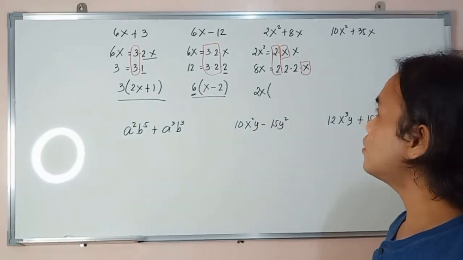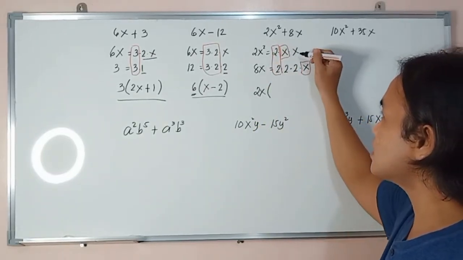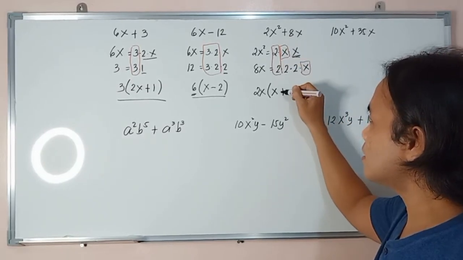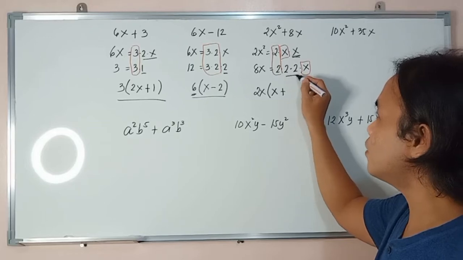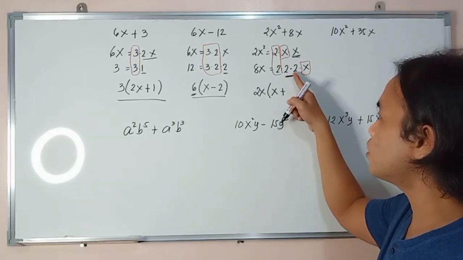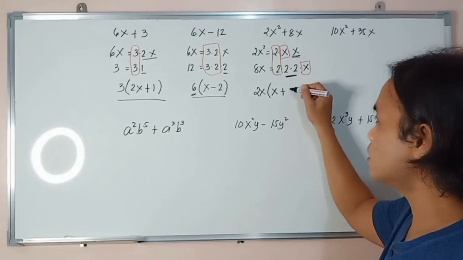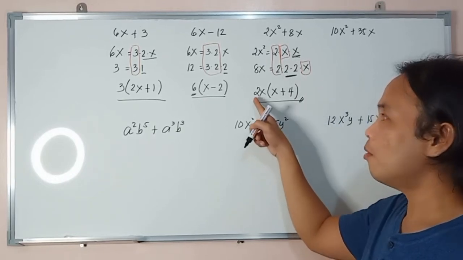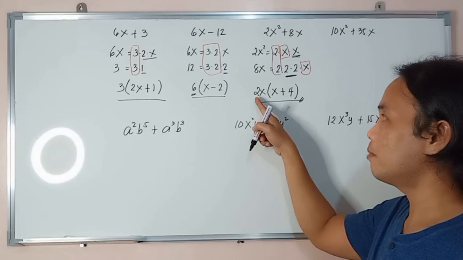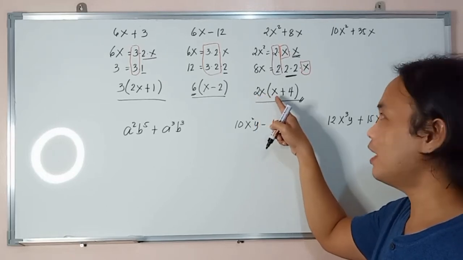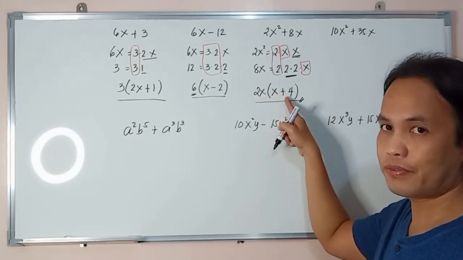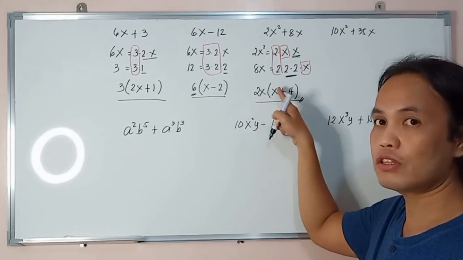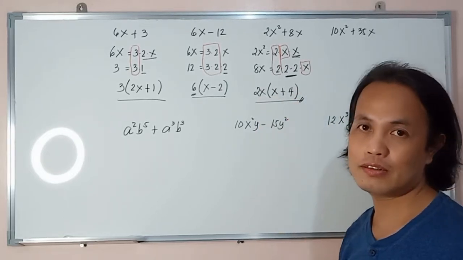The remaining factor for the first term is x, so we write x, we copy plus. The remaining factor for the second term is 2 times 2, which is 4. So again, the common monomial factor is 2x and the remaining factor is x plus 4. If we want to check, we simply distribute 2x to the terms inside the parentheses.